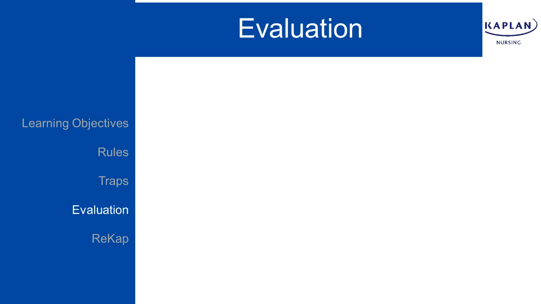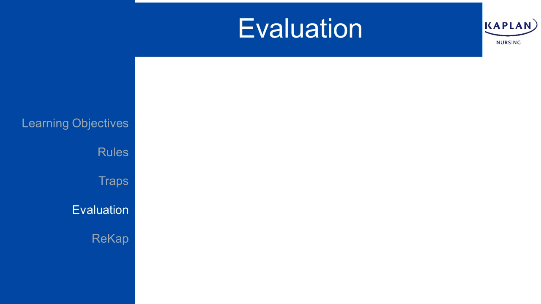Now let's talk about evaluation, and I alluded to it when we talked about a way to help you establish priorities, which is if you can only do one thing and then go home. I'm pulling it out again now because this is one thing that we see that weaker test takers don't do.